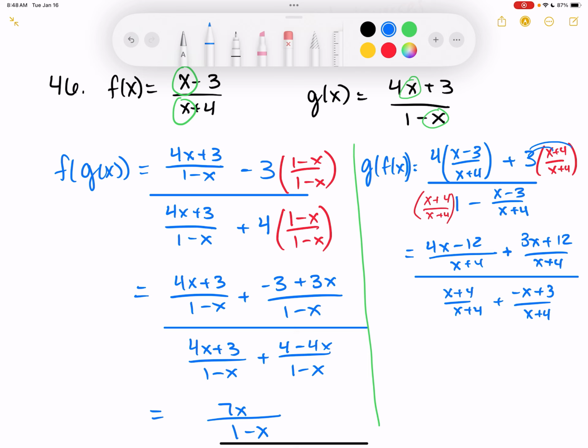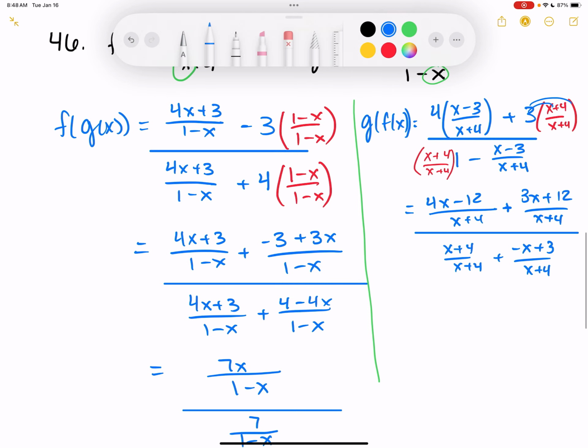So now when I combine it, I will have on top 4x plus 3x is 7x. Negative 12 plus 12 is 0. So that's over x plus 4. All over on the bottom, x minus x, that goes away. 4 plus 3 is 7 over x plus 4.